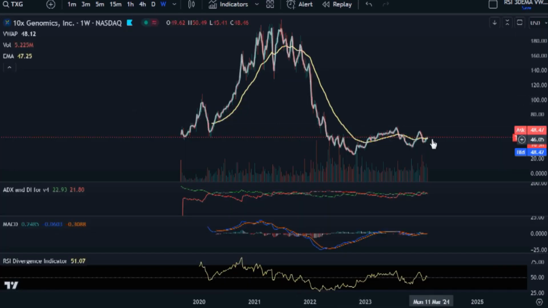Also, we want to take a look at the direction of the exponential moving average. In this case, it's the 30-day, the yellow line. Now, when it begins to trend upwards in this consolidation stage, after it's gone through some ups and downs, this is very encouraging.